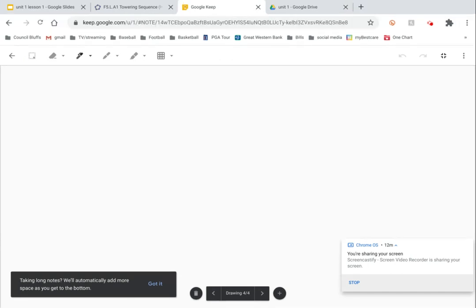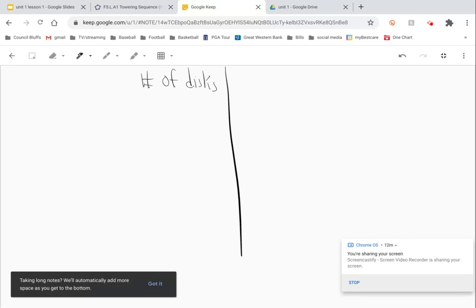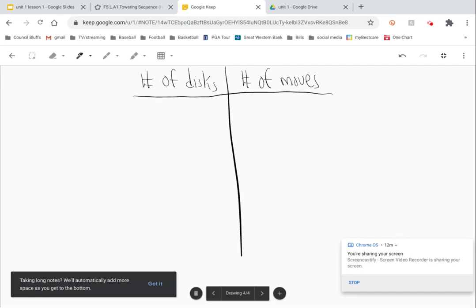Okay. So let's take a look at the patterns we noticed. So we are looking at the number of disks versus the number of moves it takes. And we want to be able to solve it in the least number of moves possible.